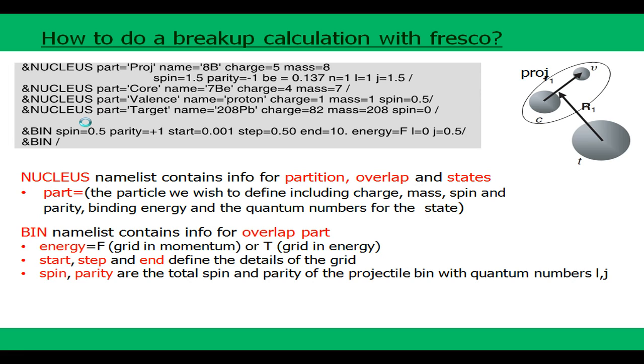So the grid is a pretty narrow grid. I'm going to have probably many bins included, but all of them have to have the same spin and parity, 0.5 plus, and all of them will have L equals 0, because that's the specification for the spin.